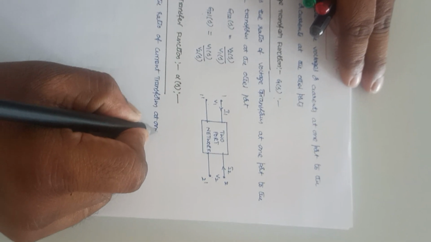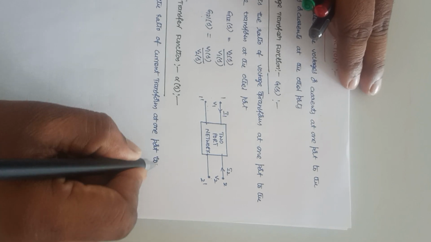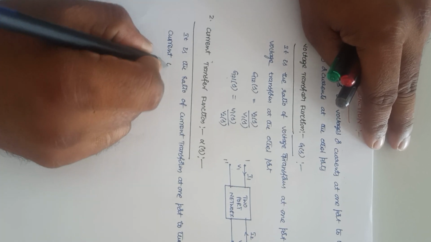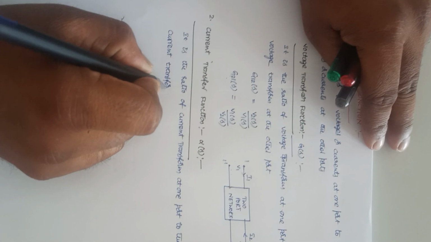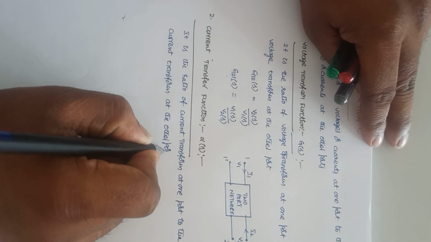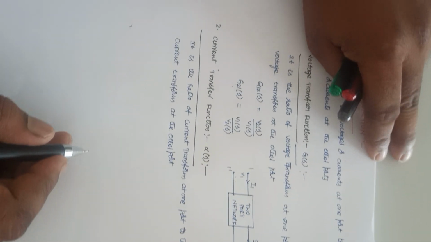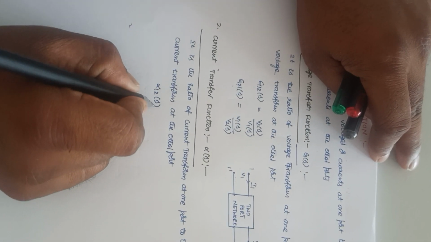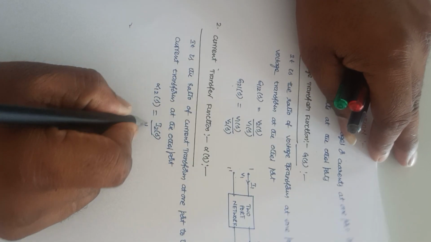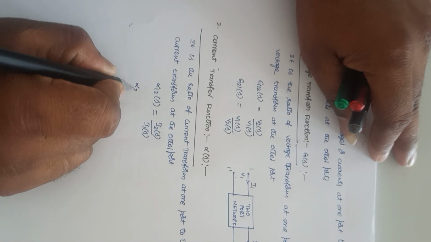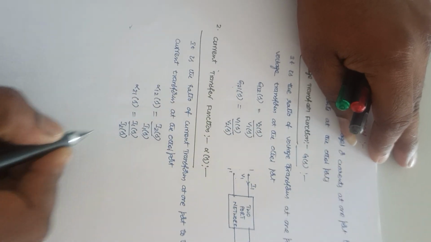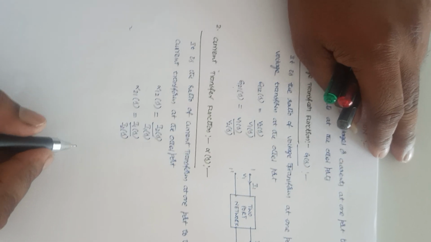Okay. So for the same network, alpha 12 of S is equal to I2 of S divided by I1 of S, and alpha 21 of S is equal to I1 of S divided by I2 of S. So this is about the current transfer function.